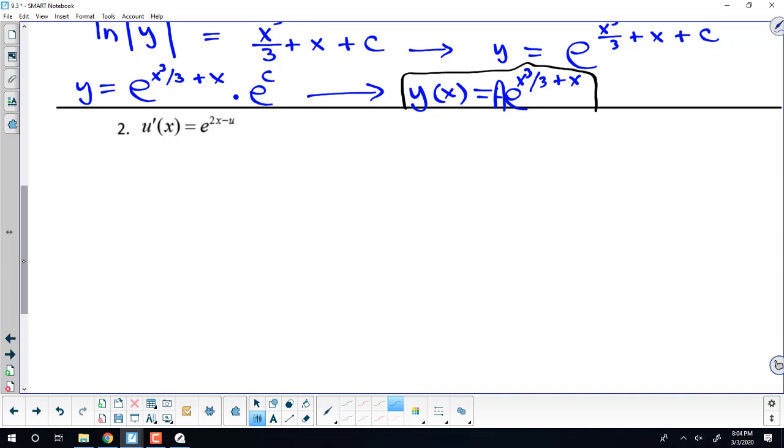So we look at it like this: u prime is e to the 2x over e to the u, by properties of exponents.